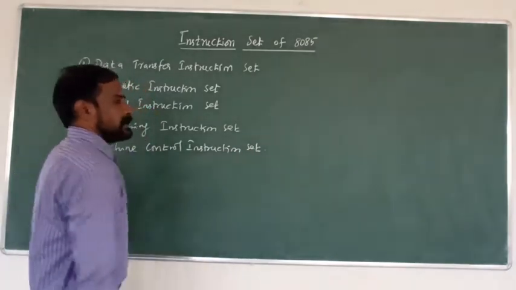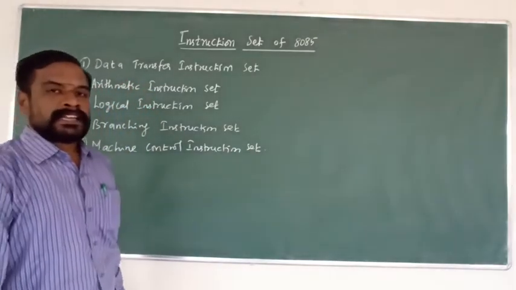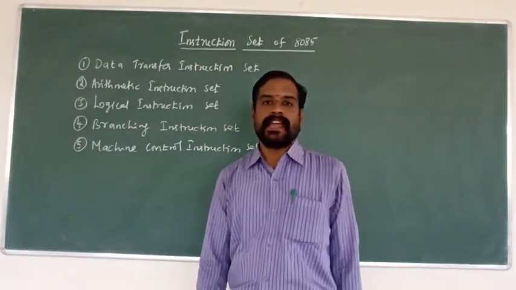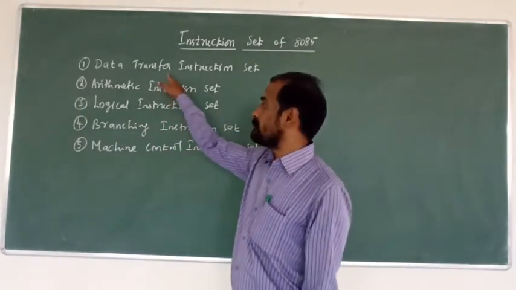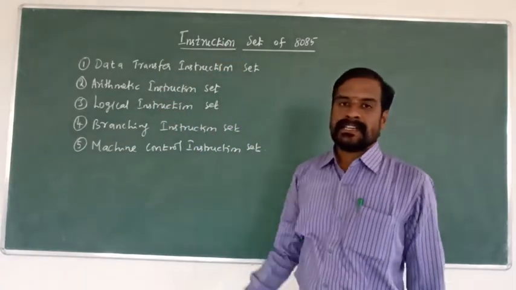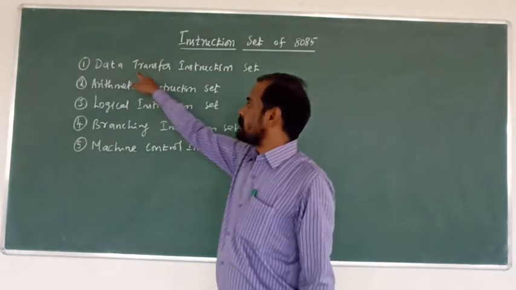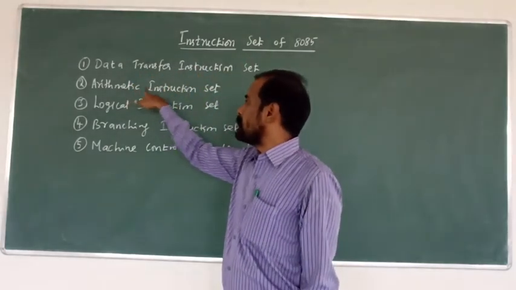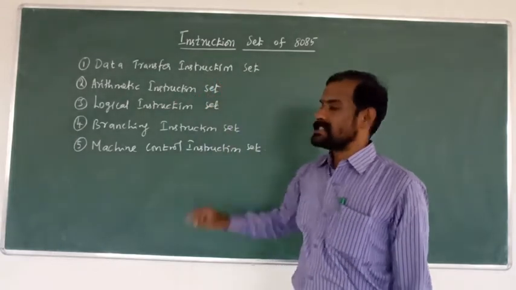Total 80 instructions and 246 opcodes are divided into any one of the 5 types of instruction set. Number 1, data transfer instruction set. Number 2, arithmetic instruction set.